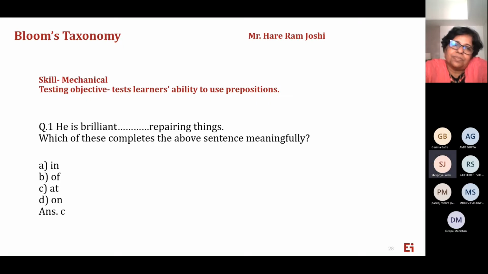Though understanding is needed here, other options are completely wrong except the one. This is why I have included it in the mechanical domain, because students should recall the exact preposition which is used after brilliant.